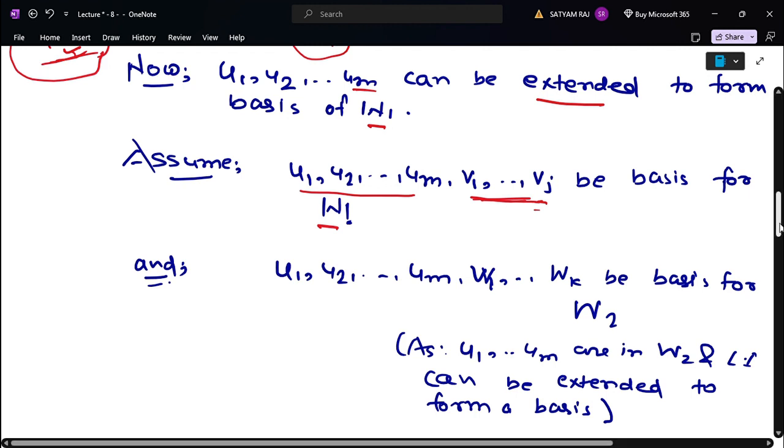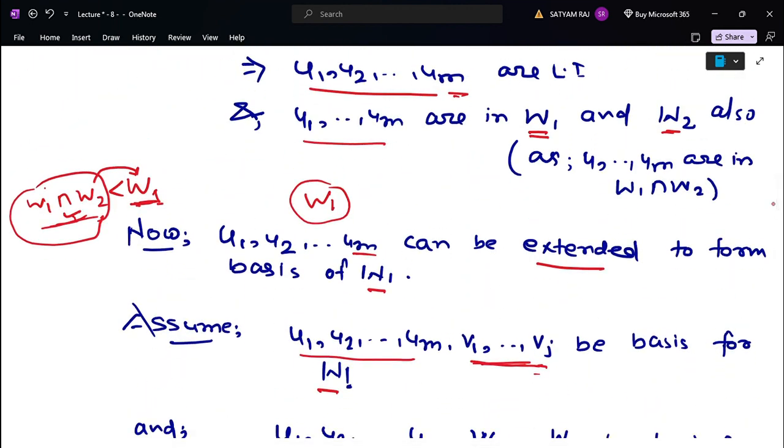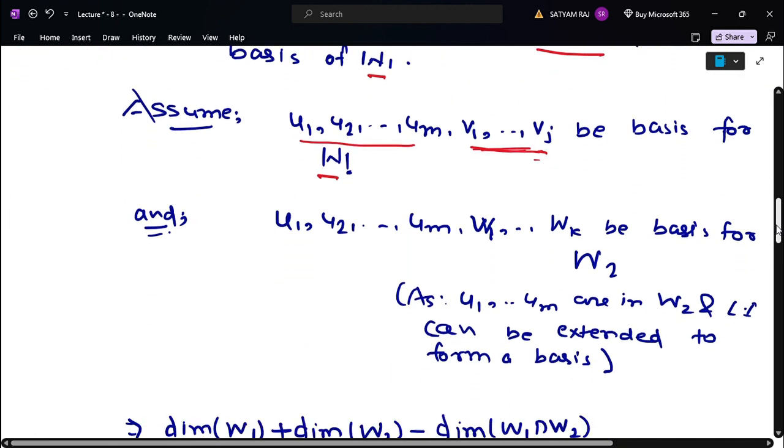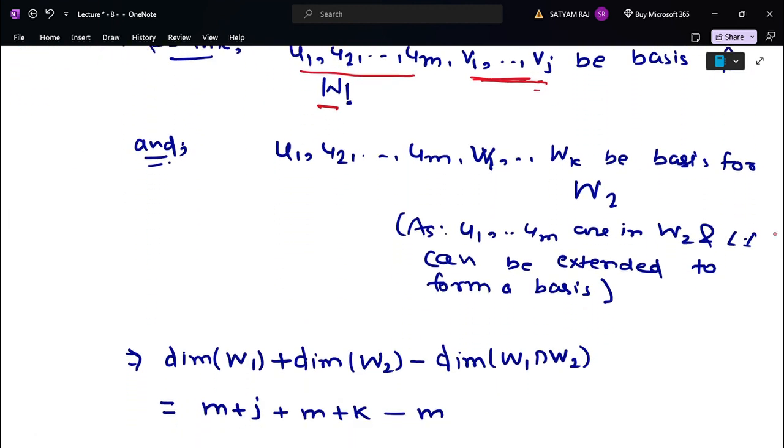Similarly, u1, u2, ..., um are in W2 also, so they can be extended to a basis of W2. It means u1, u2, ..., um, and we have extended k vectors, w1 to wk, so all these vectors form a basis for W2.